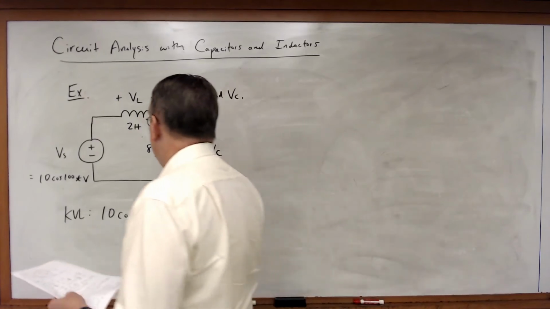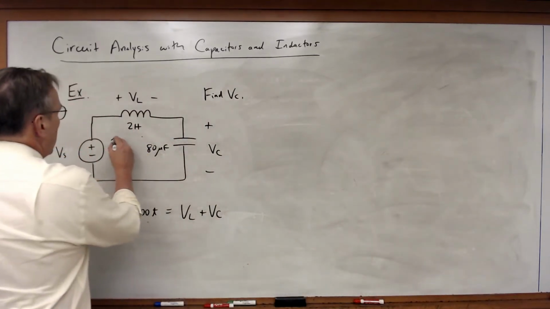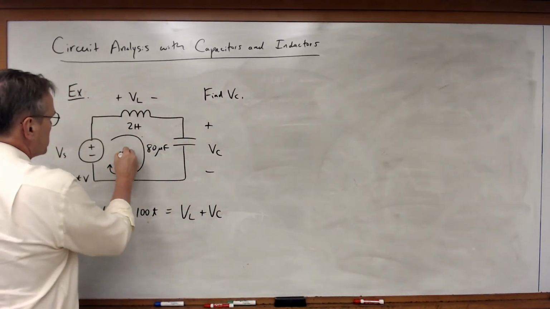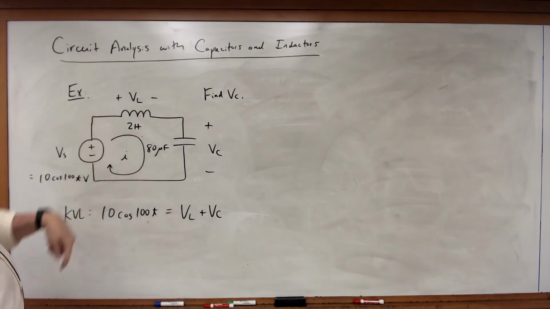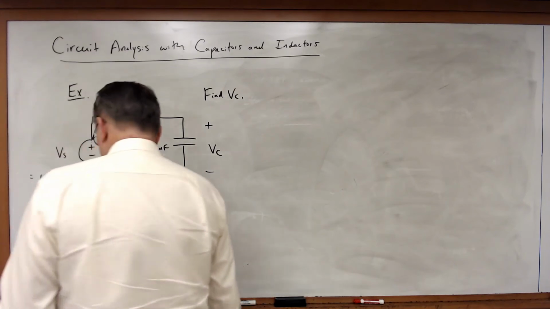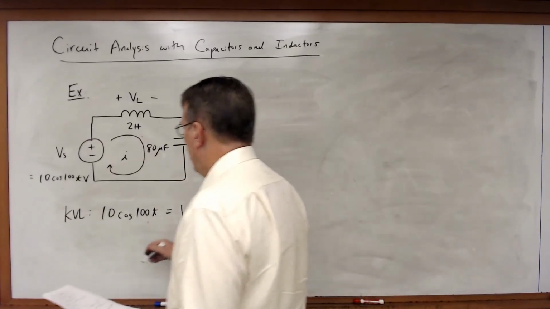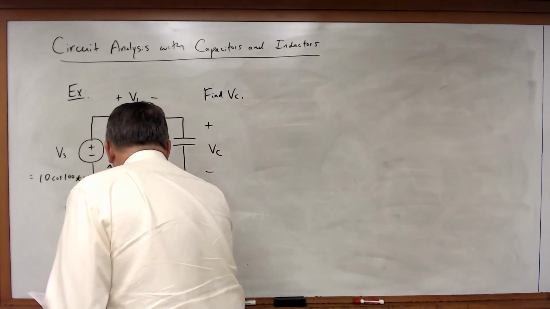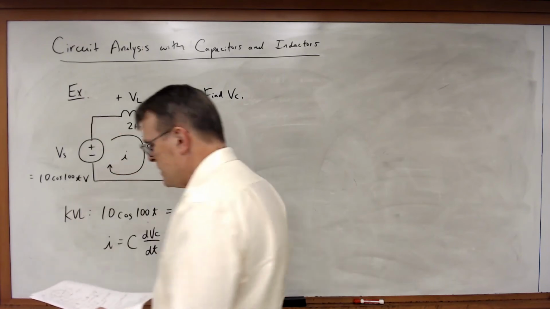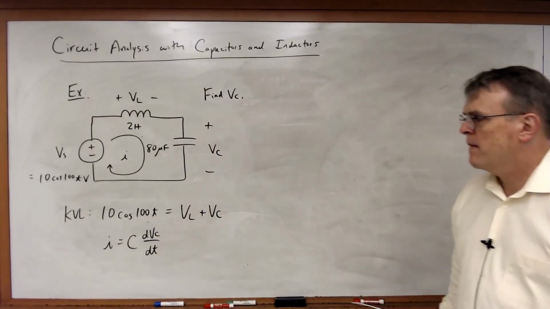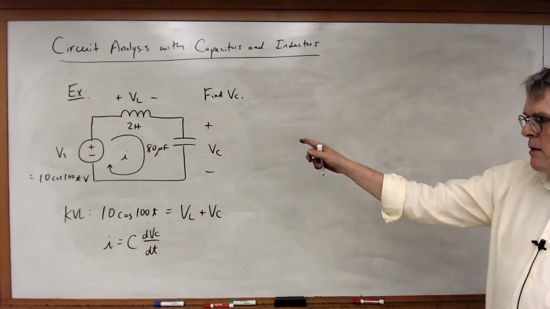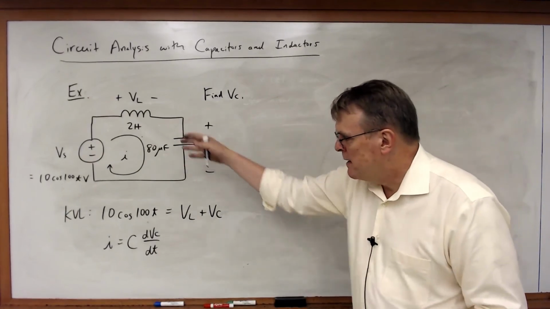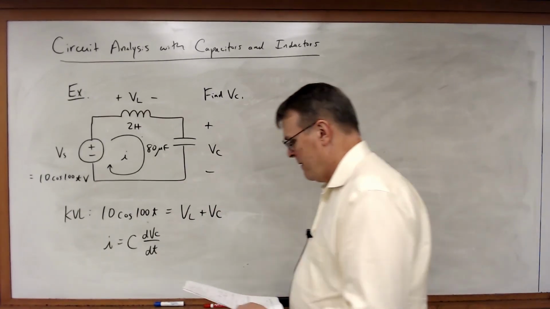And I've got a current I that flows around this single loop circuit that I'm going to define. And this current I must be equal to C dVc/dt. I know that must be true because of the capacitor, same current flowing through it.